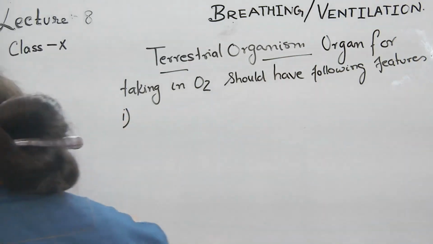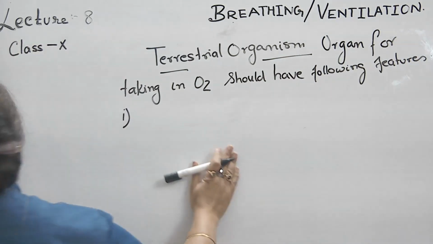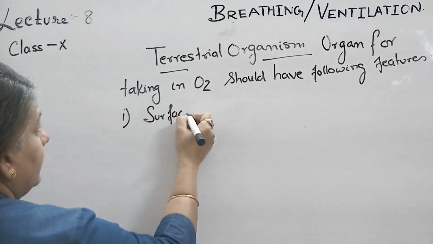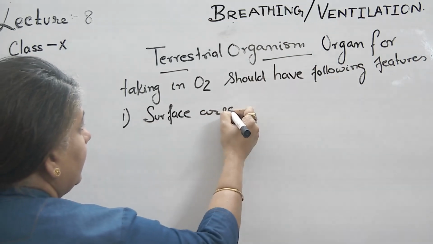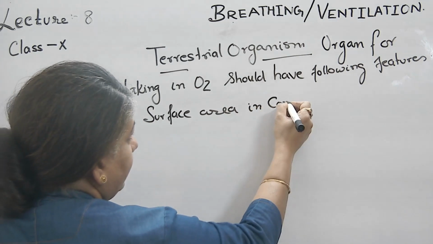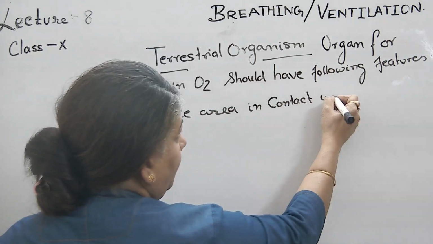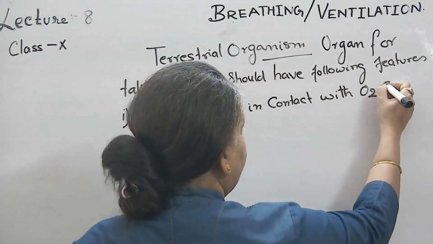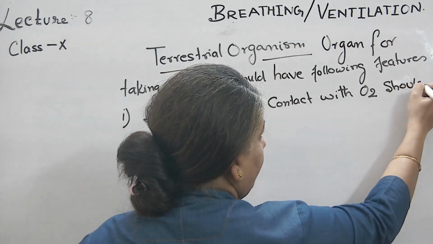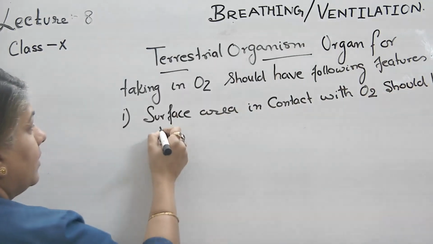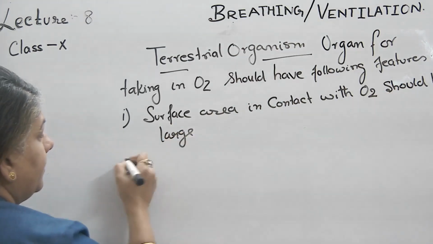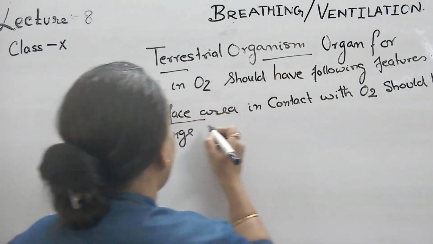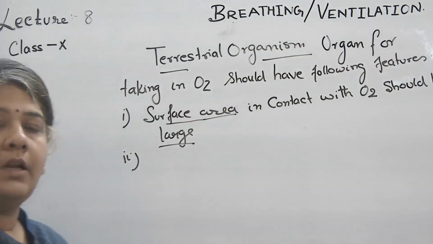First, surface area in contact with O2 should be large. So the key word is surface area should be large.